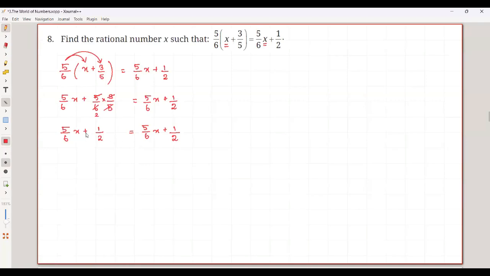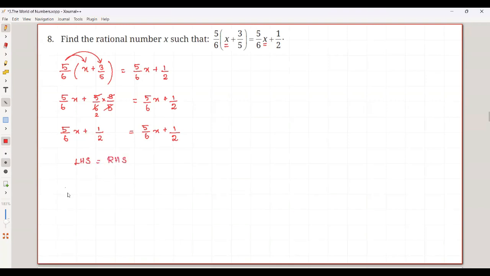If anything is different, we equate the variable on one side and the constant on the other side, then we get the x value. As both sides are equal, x can take many values. We can say here LHS is equal to RHS.